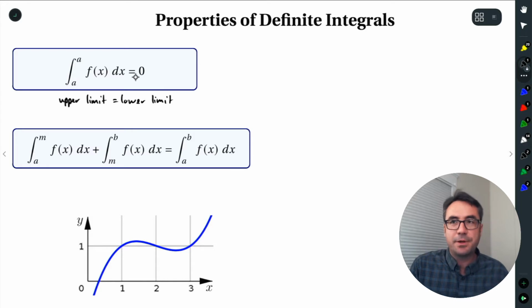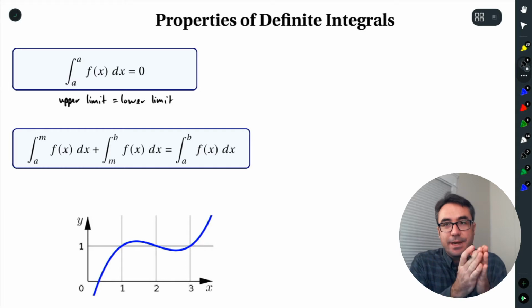We had this property that if the upper limit and the lower limit were equal to each other, well, then the definite integral is 0. Well, now we're starting to think of what we're doing as calculating the area under the graph extending from x equals a to x equals a.